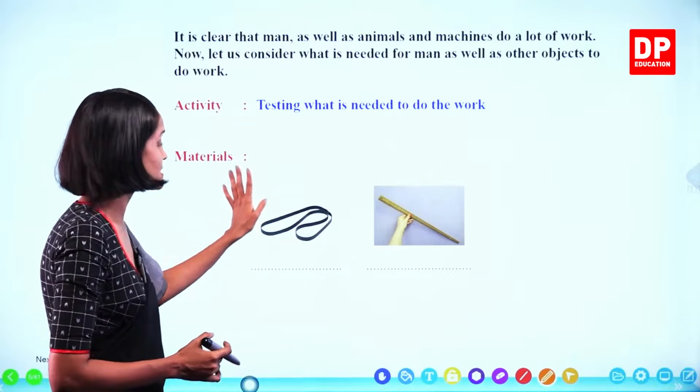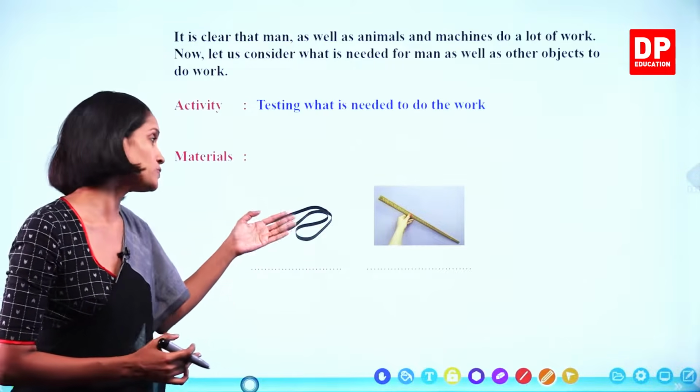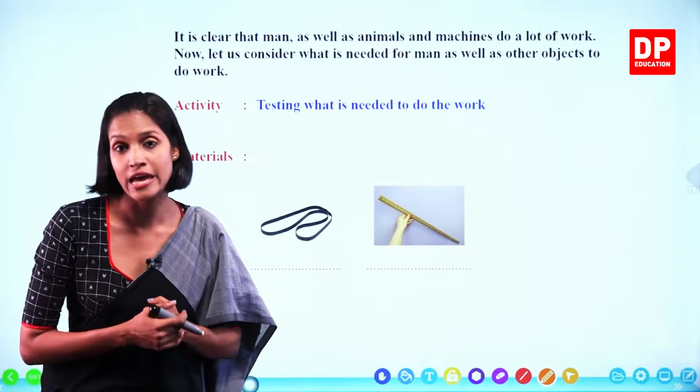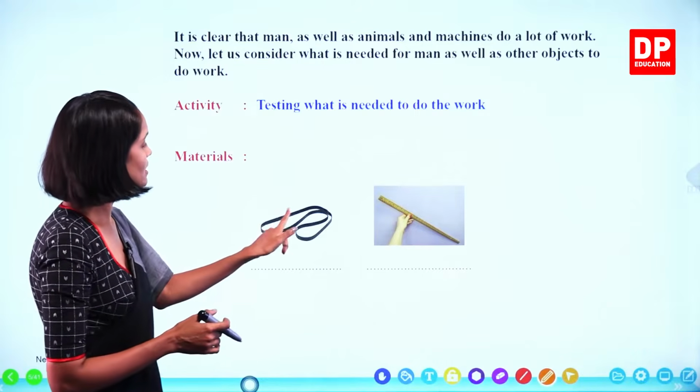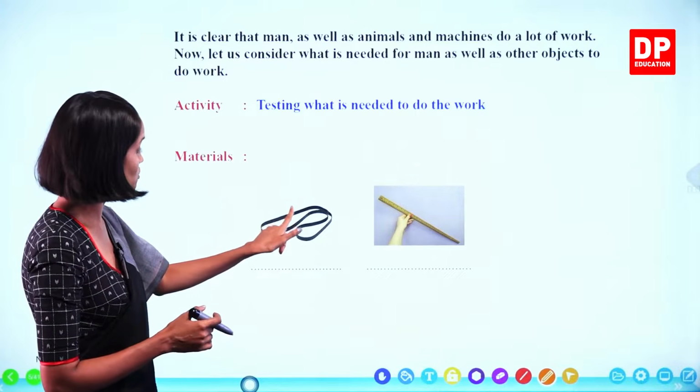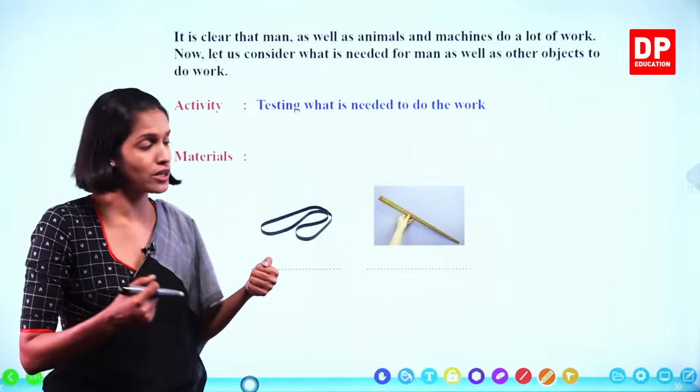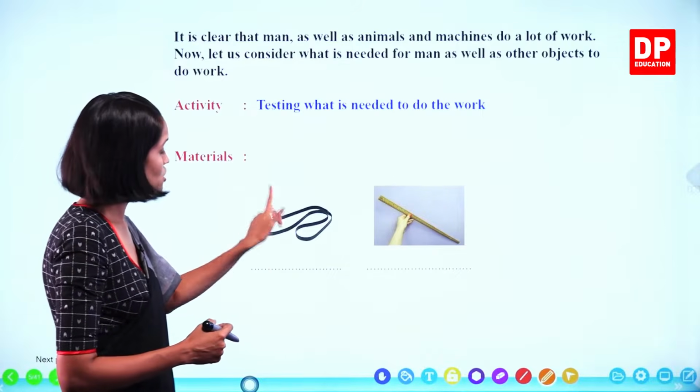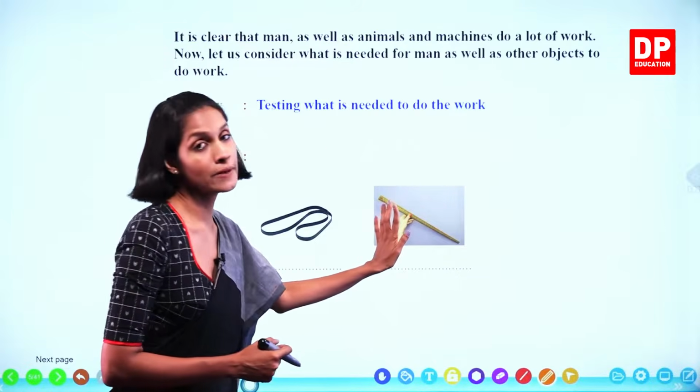We need a bicycle tube, or we can even use any other stretchable band. Okay, children? We need a bicycle tube. So a bicycle tube is a stretchable band, okay? So a piece of a bicycle tube. And we need a meter ruler.